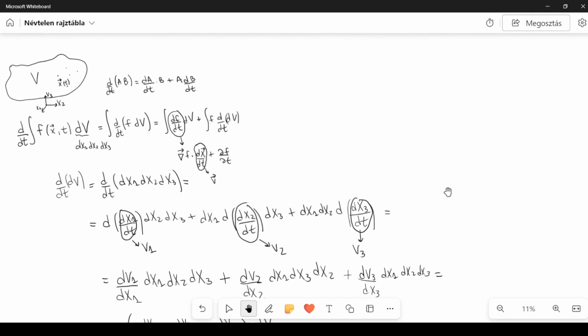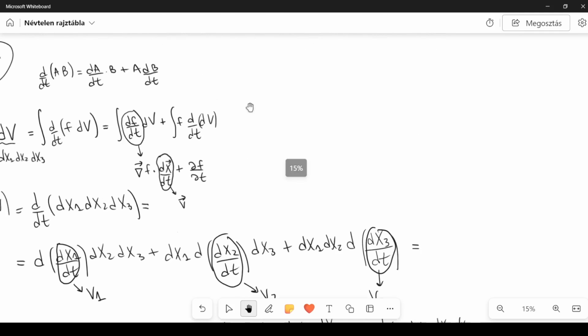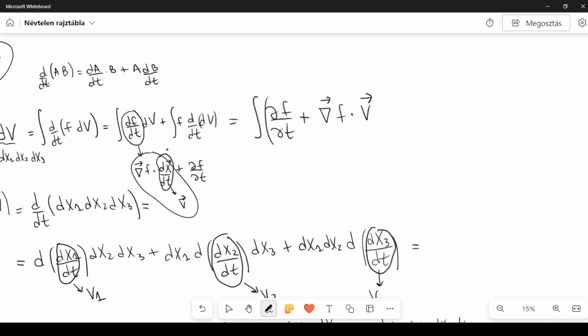So we can rewrite this result here in the following manner. We have the integral of the partial derivative of f with respect to time, plus the gradient of f dot product with the velocity from here. And then if we rewrite this integral together with the other one, in here we simply have f times the divergence of v, and then here we have dV.